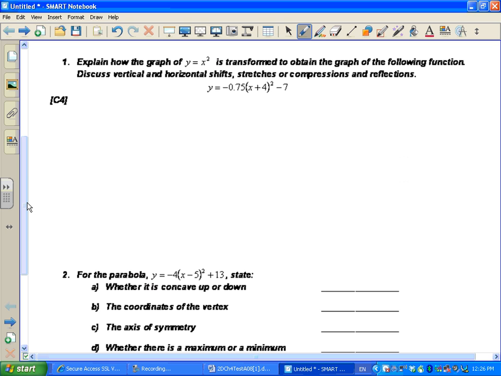Explain how the graph y equals x squared is transformed to obtain the graph of the following function. Discuss vertical and horizontal shifts, stretches, or compressions, and reflections.